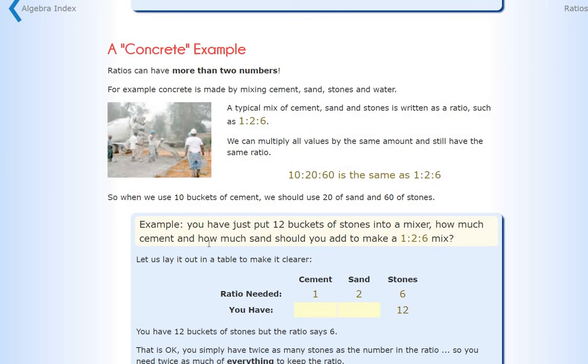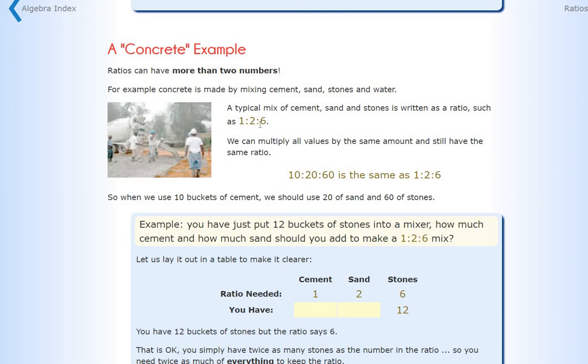A concrete example. So ratios can have more than two numbers. For example, concrete is made by mixing cement, sand, stones, and water. A typical mix of cement, sand, and stones is written as a ratio such as 1:2:6. Now we have three ratios, so it's a little harder. So we can multiply all values by the same amount and still have the same ratio.